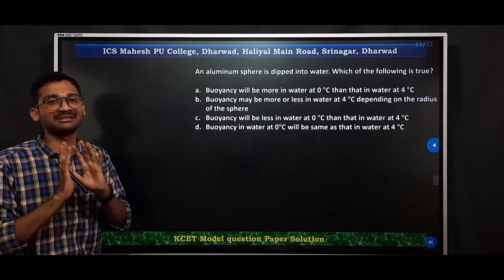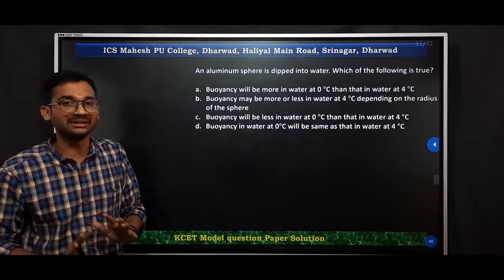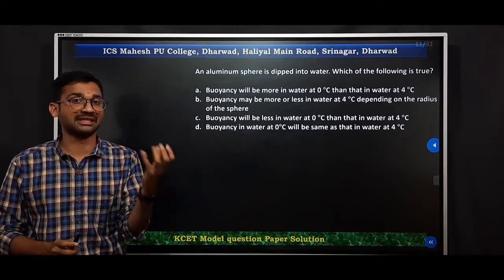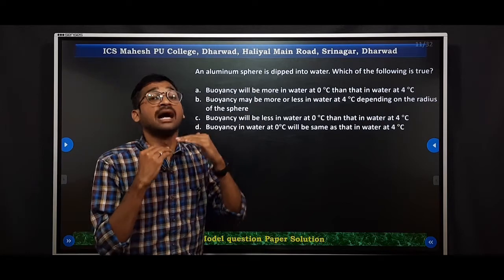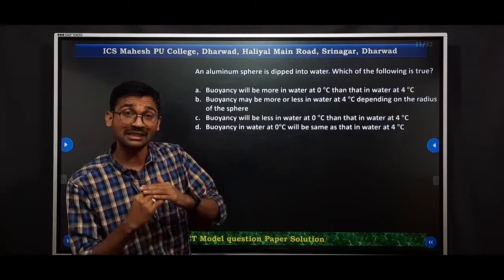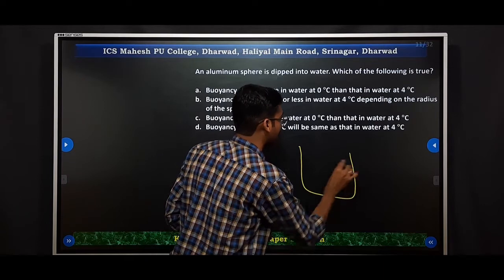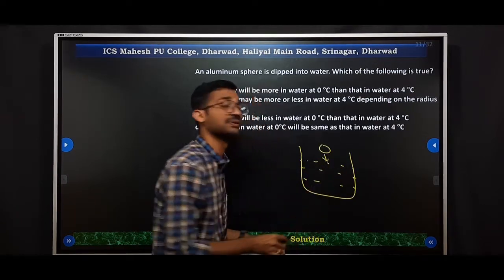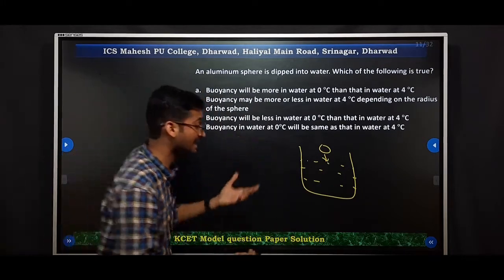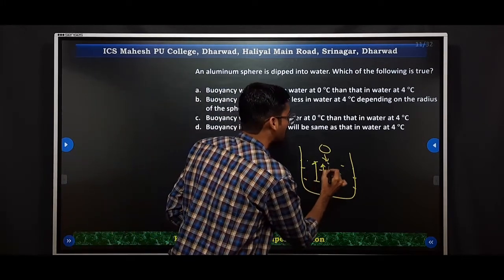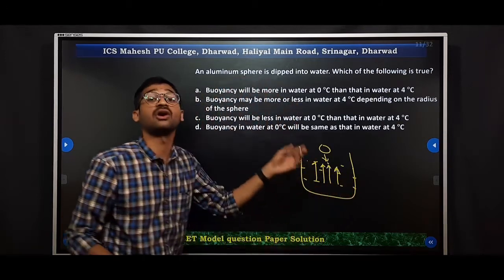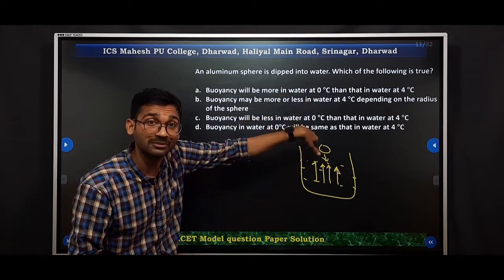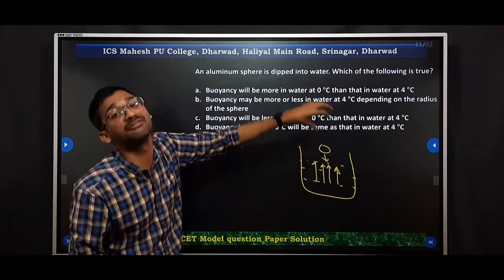The question is purely a discussion of the buoyancy at a different temperature. What do you mean by the buoyancy? This is the force applied by the fluid. Okay, if we have a container which is filled with water, and I drop any ball or any object into that, at the same time this fluid also applies a certain force on that object, which is equivalent to the weight of that object which is dipped partially or fully.